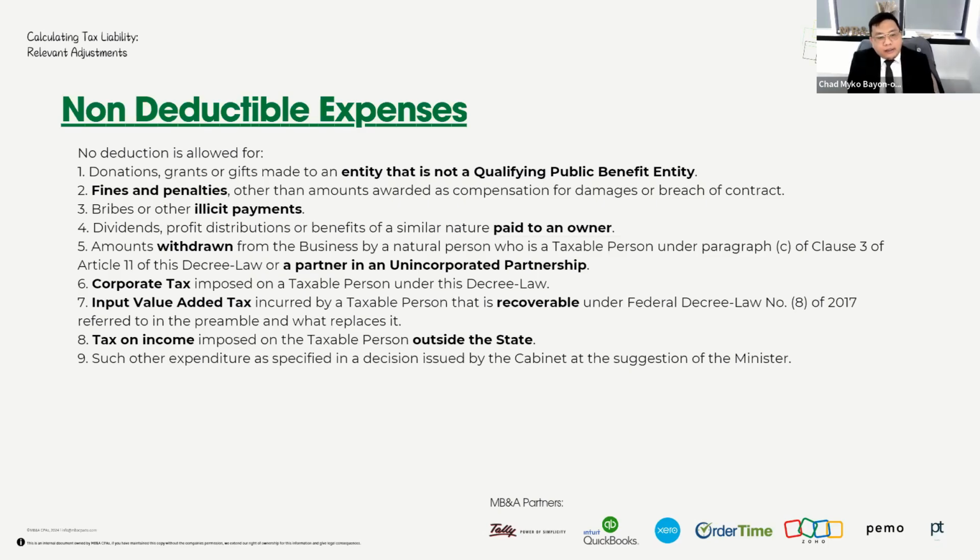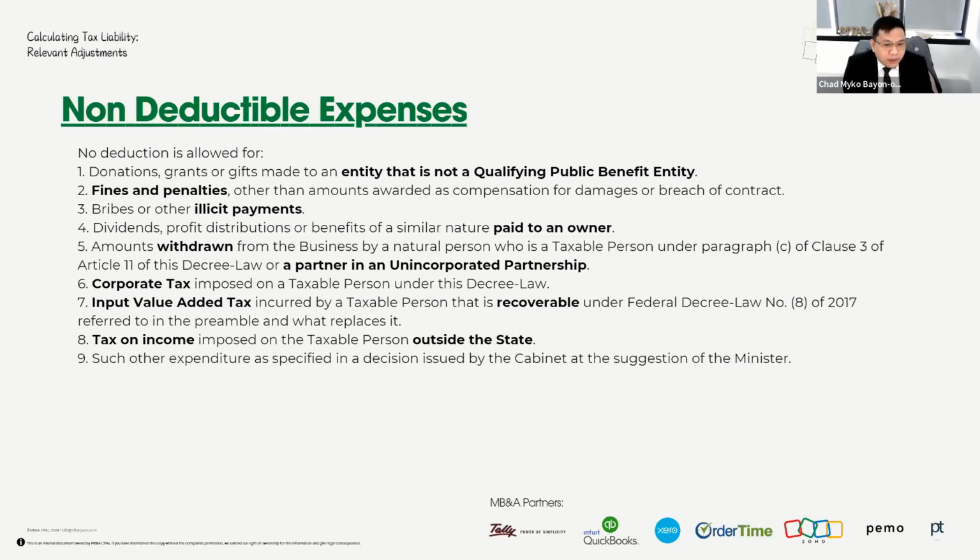Okay, and the fifth one is amounts withdrawn from the business by a natural person who is a taxable person under paragraph 11. So if, for example, a natural person is having a share of the business income, but is not considered as an owner of the business and is providing services, in this case, it will be considered as an unincorporated partnership.